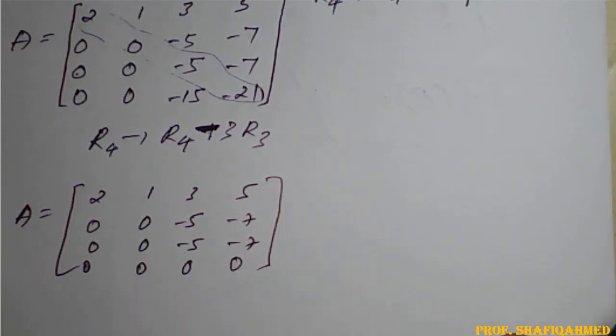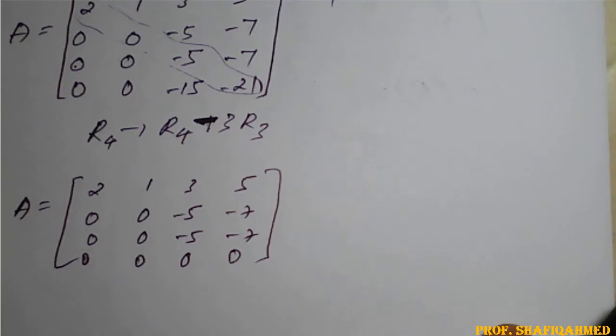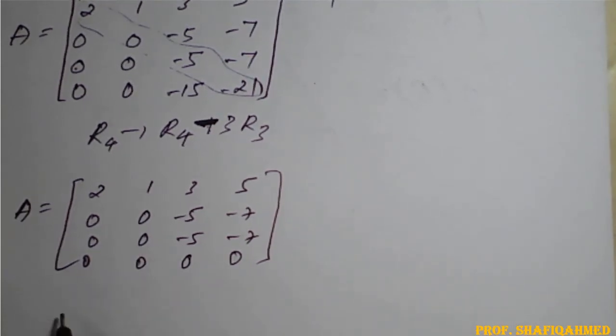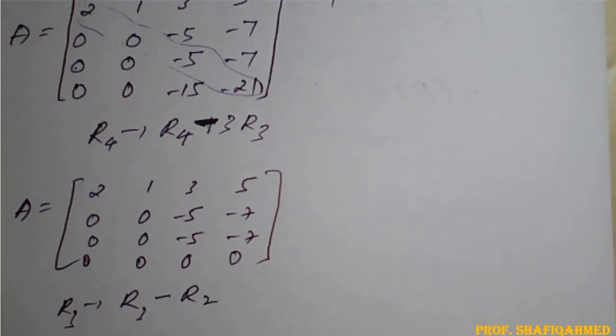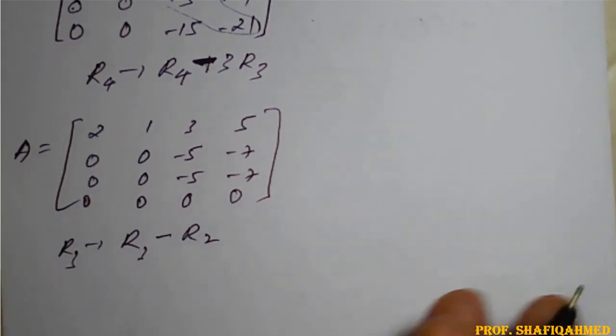So these two rows are same, so we can operate here also. So on R3, possible of making 0. So on R3 minus R2 if you make, so what we'll get here?